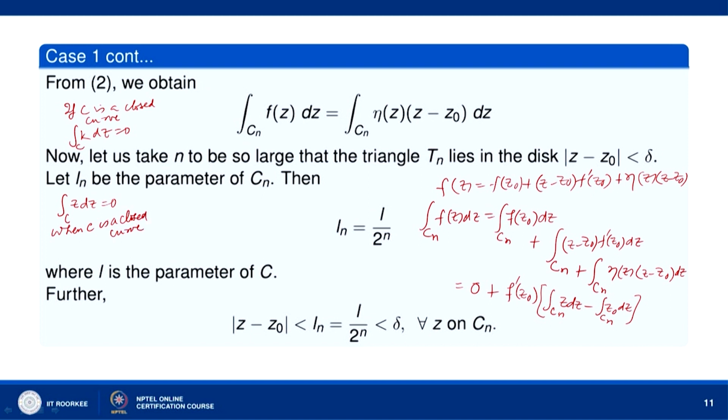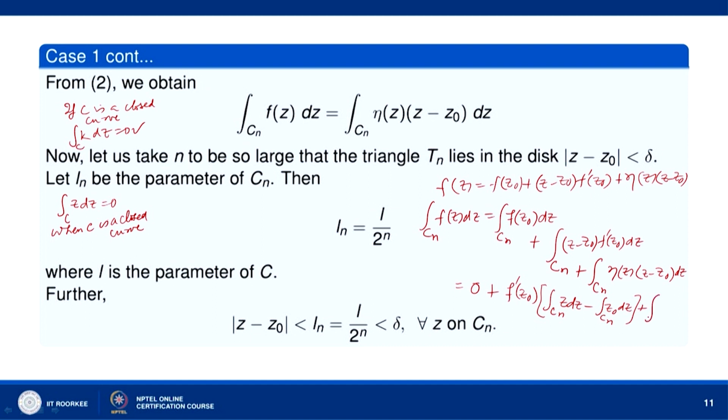So the integral over Cn of z dz is equal to 0, because Cn is the boundary of the triangle Tn, which is a simple closed curve. The integral over Cn of z0 dz is also 0 by this result. So this is 0, this is 0.